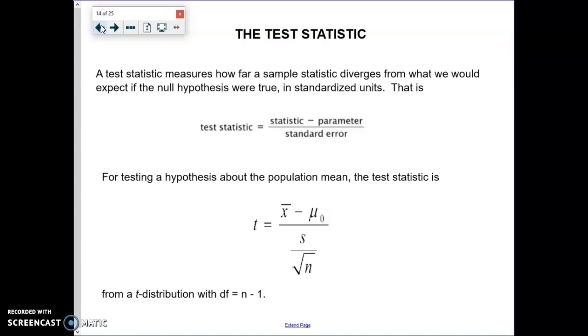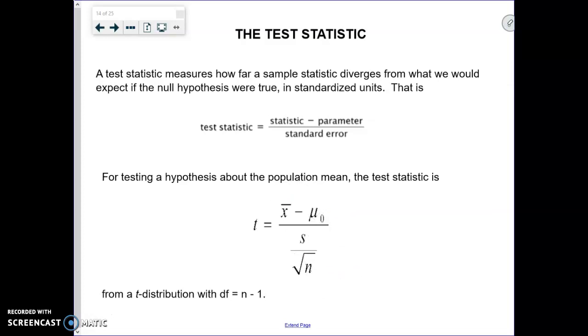For testing a hypothesis about the population mean, the test statistic will be found on a t-distribution as long as the requirements are met. You're going to take the sample mean you came up with minus the parameter. Now the parameter here is what comes from the null hypothesis. What is the mean in this case hypothesized to be equal to? And then you're going to divide that by your standard error, which is just the sample standard deviation divided by the square root of the sample size.